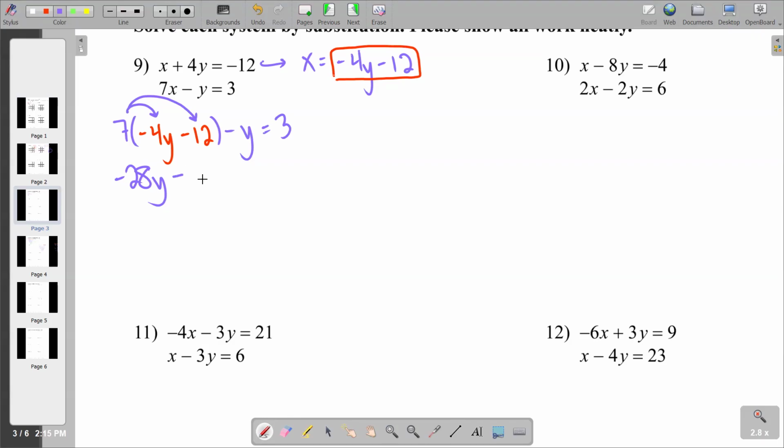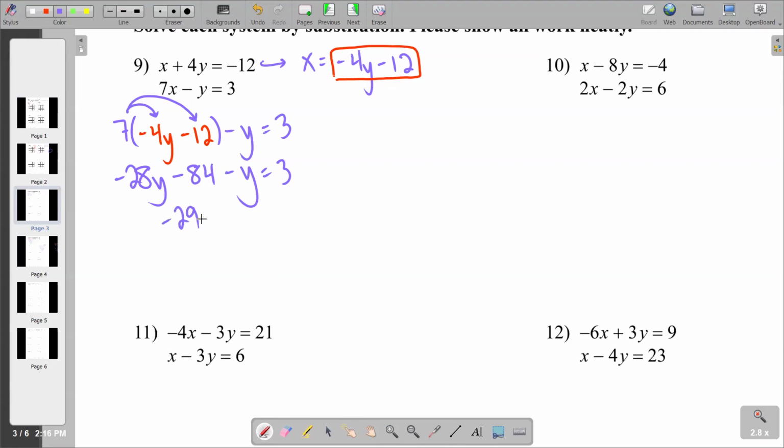It's definitely negative. Nice. So negative 84 minus Y. And then what's the next thing we would always do in a case like this? Heck yeah. Combine those like terms.